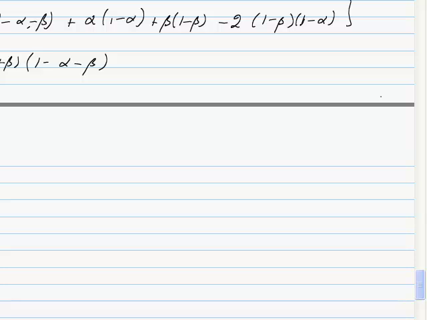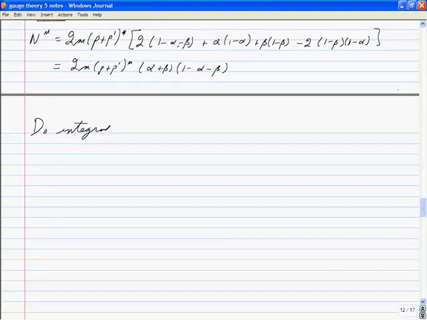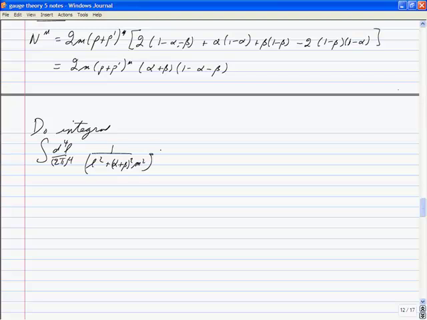Okay. At this stage, there's no L dependence here. I've gotten rid of all my L dependence, so I can do the scalar integral. I have the integral d4L over 2 pi to the 4th, 1 over L squared plus alpha plus beta squared m squared cubed.